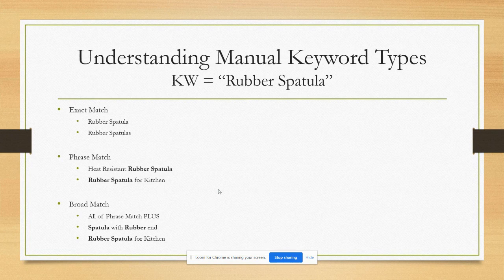So heat-resistant rubber spatula and rubber spatula for kitchen would both be bid on. Finally, for broad match, any search that has our keywords in them in any order will be bid on. So we would get all of the phrase matches plus spatula with rubber end and things like rubber spatula for kitchen.